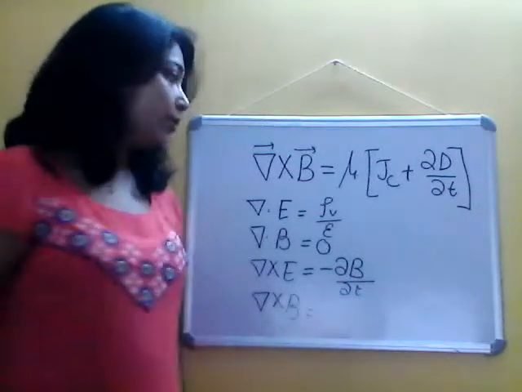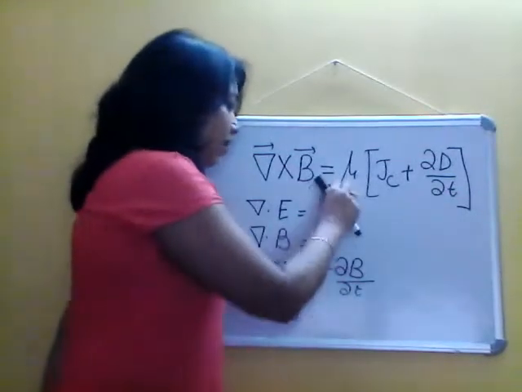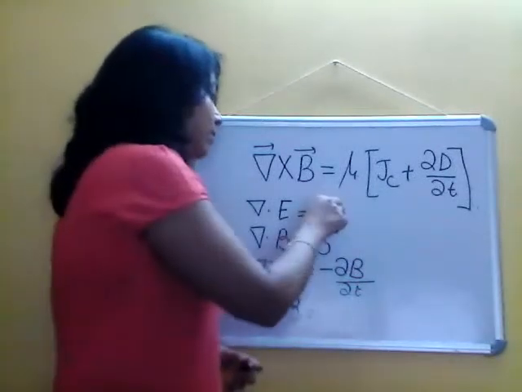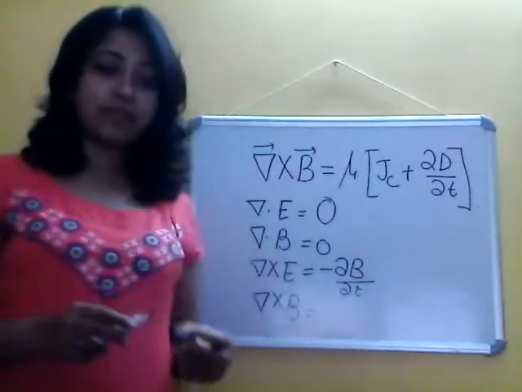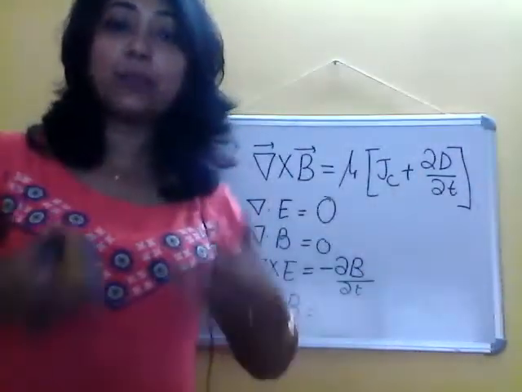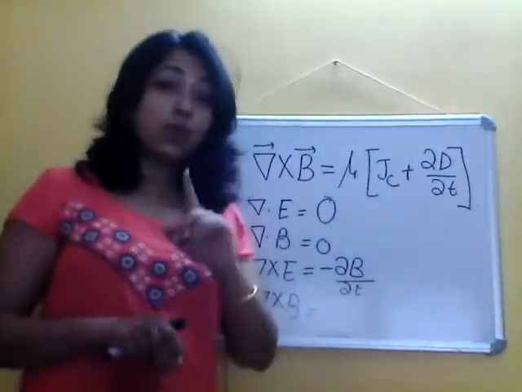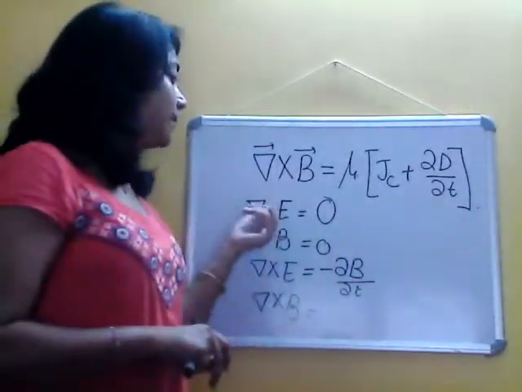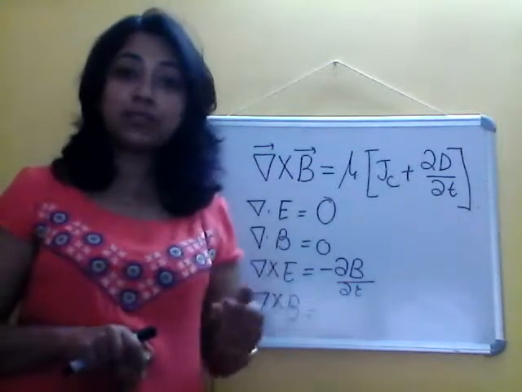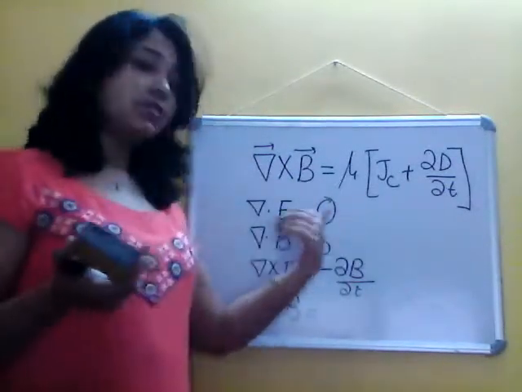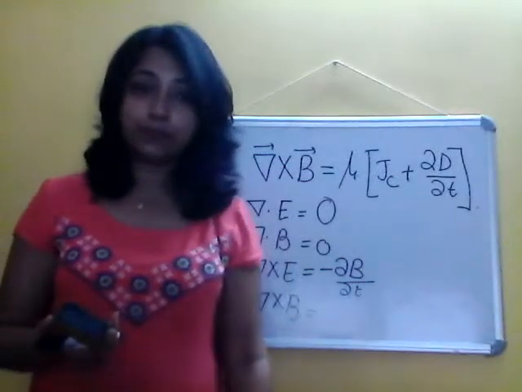So in that scenario, divergence of E also will be equal to 0, since there are no charges over there to produce this divergence, whether positive or negative. So in complete free space, the first equation, divergence of E, will come out to be 0.